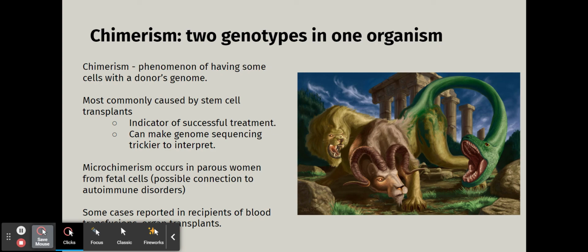So they're more likely to have a transfusion reaction. They're more likely to suffer from autoimmune complications. So some cases of microchimerism have been reported in recipients of multiple blood transfusions and organ transplants. Of course, the organ is going to have all of the genetic material of the donor, but sometimes you see that DNA in the blood, things like that.